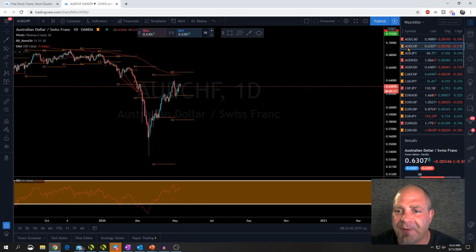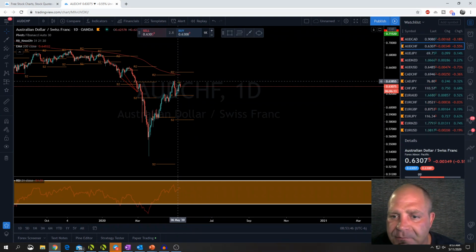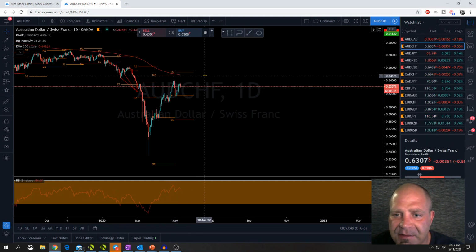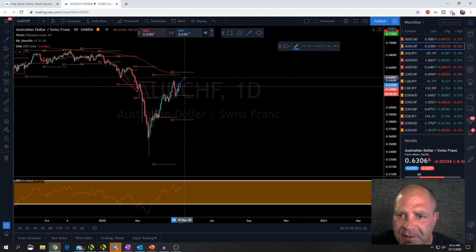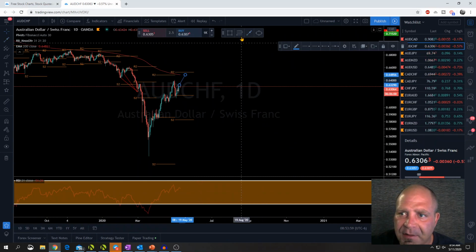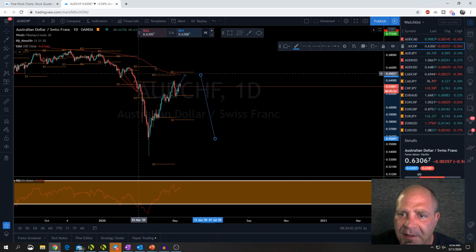Australian dollar, Swiss franc. Ooh, we didn't quite get a perfect double top. So this one, I think, plus it's in an uptrend, touched pivot. I think we're going to see this one get to the 200 EMA. Or at least I'm not doing anything until it gets there.